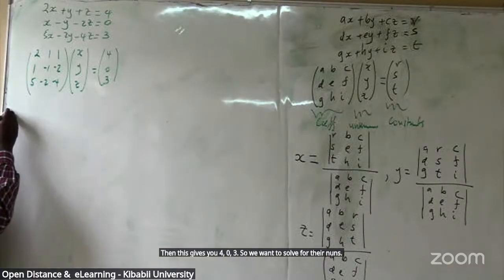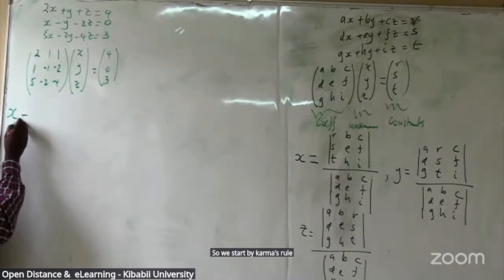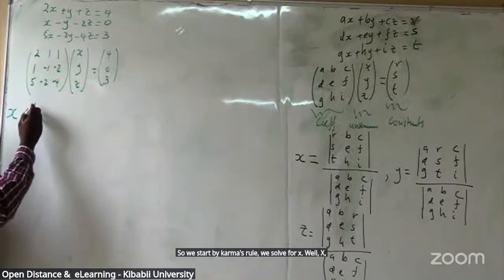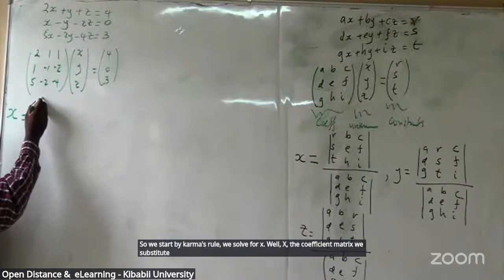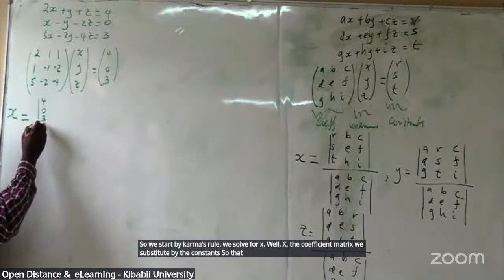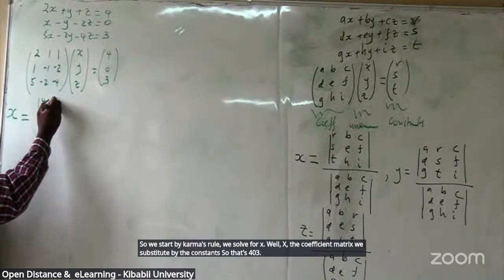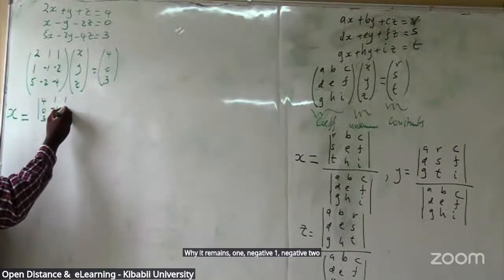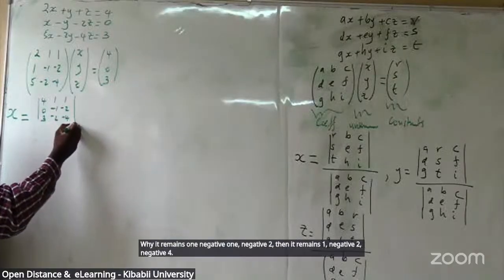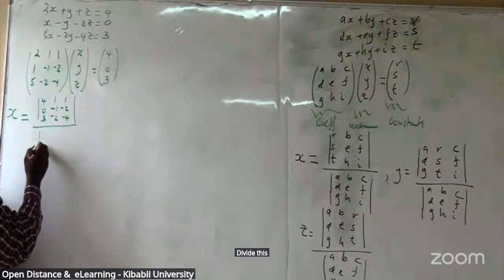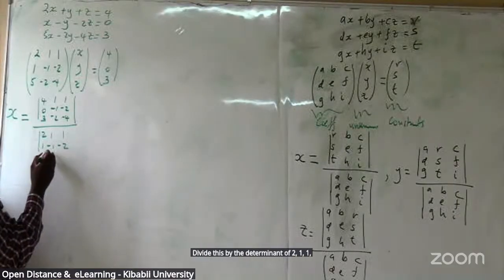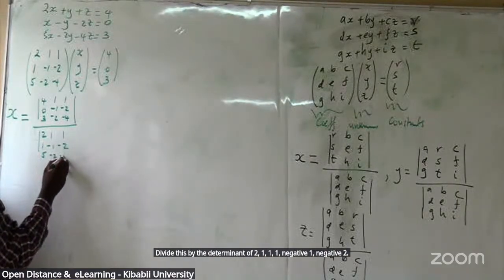We start by Cramer's rule, we solve for x. For x, the coefficients we substitute by the constants, so that's 4, 0, 3. y remains 1, negative 1, negative 2. z remains 1, negative 2, negative 4. Divide this by the determinant of 2, 1, 1, 1, negative 1, negative 2, 5, negative 2, negative 4.